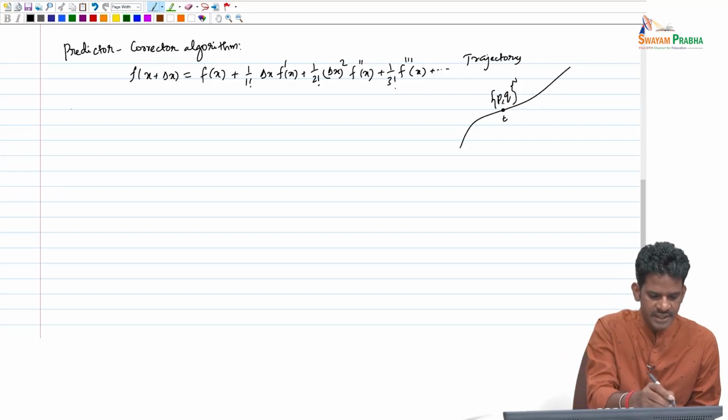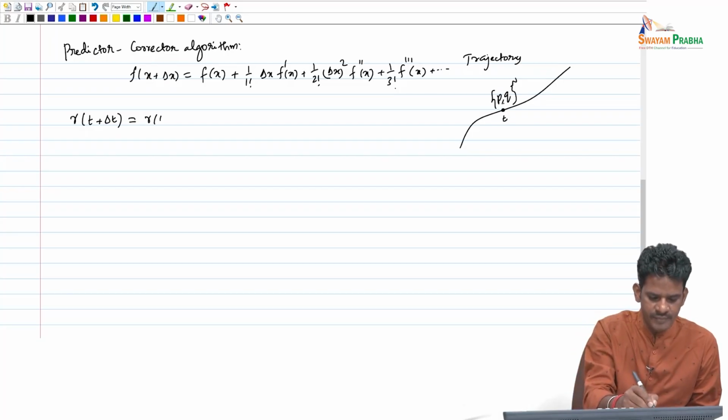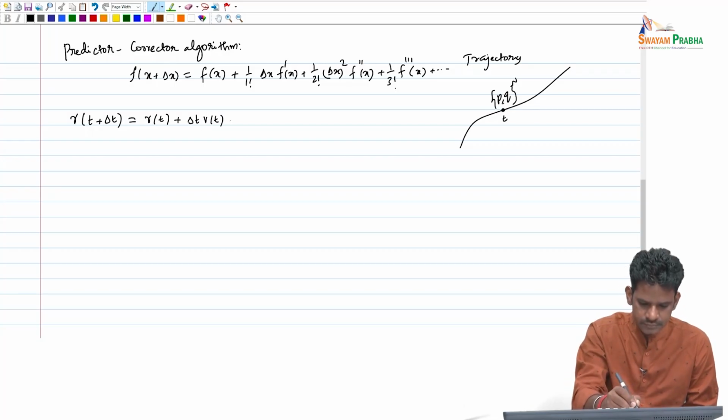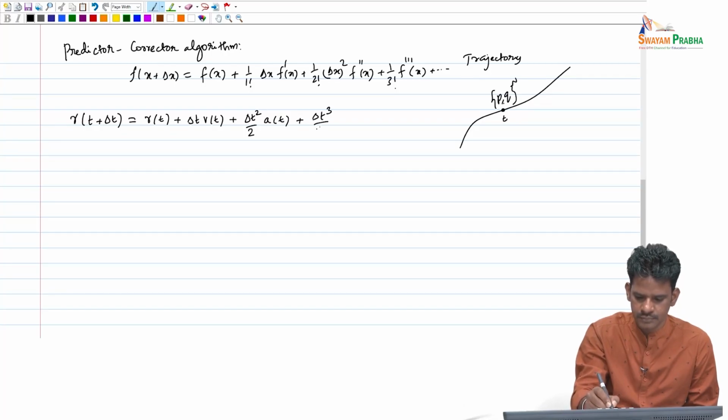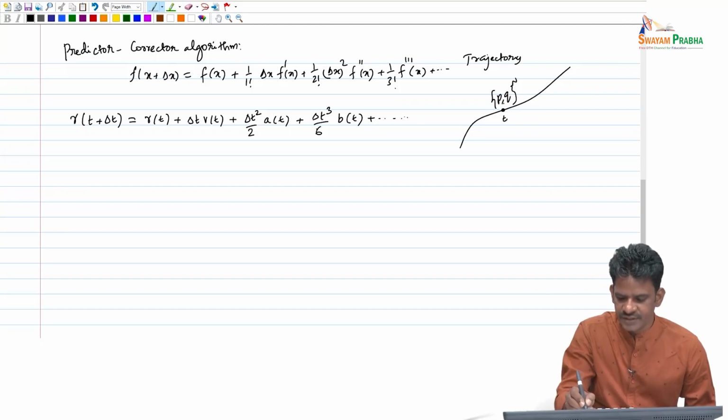So what I'm going to do is write the position at t plus delta t using Taylor series expansion. And then this is basically an infinite series, it goes like this.